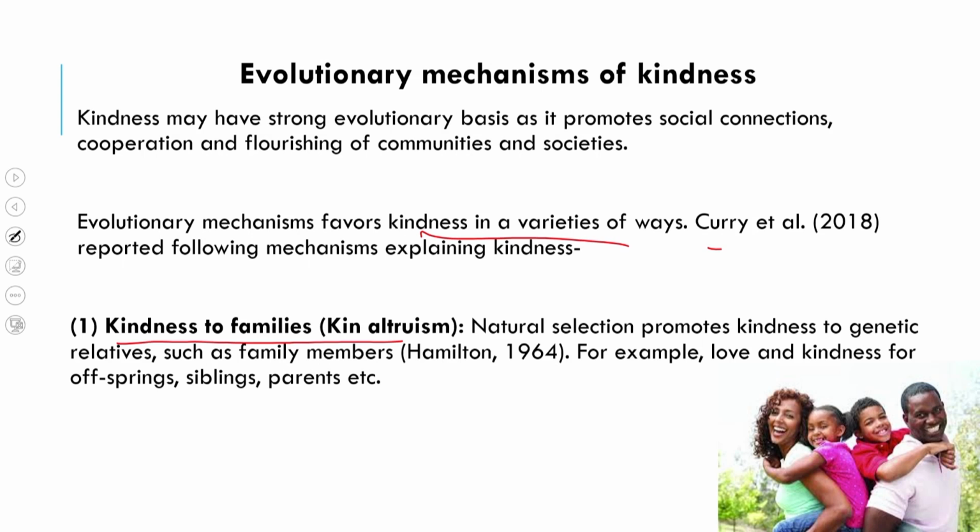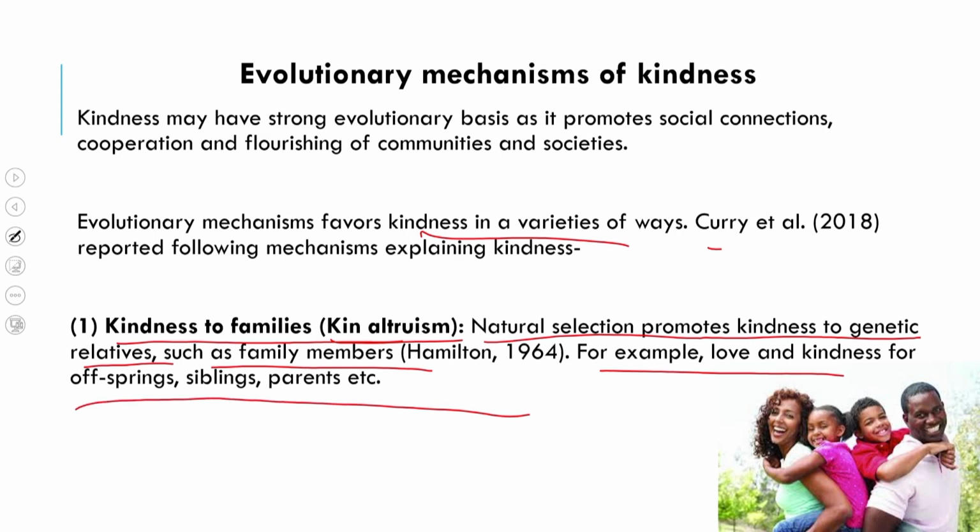When we talk about kindness to families, we are talking about kin altruism, which basically means natural selection promotes kindness to genetically close relatives such as family members. For example, love and kindness for offspring, siblings, parents and so on. In a limited sense we are automatically programmed to be kind and help people who are genetically close to us.